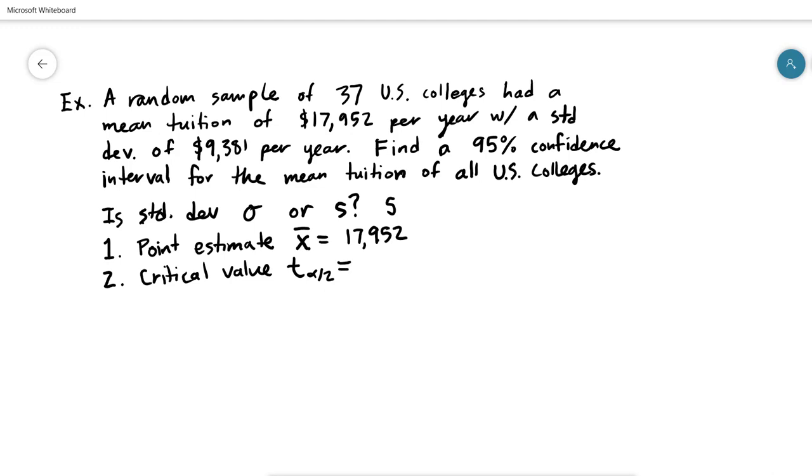And so we need to figure out what this is. To do that, we're going to have to go back and look at the table. We know the degrees of freedom for this problem is 37 minus 1, which is 36. So I need to go look at row 36 in my table A3.